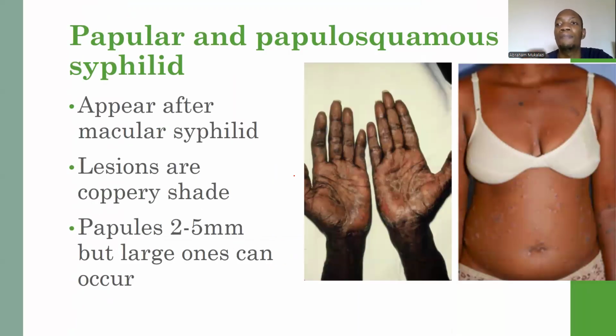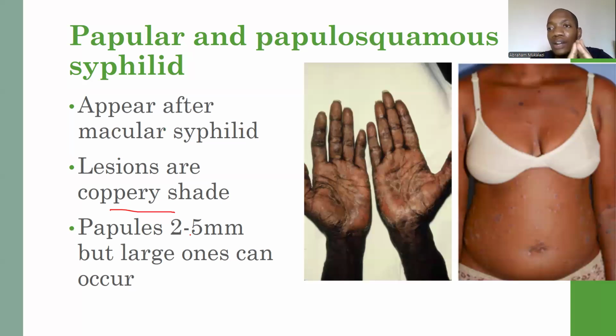Then we have the papular type of syphilis, or the papulosquamous types. So these ones can appear after the macular syphilis, and lesions are usually coppery red. So coppery red, they are well demarcated, like copper coins, and they can range between 2 to 5 millimeters in diameter, but you can even have very big plaques, but they usually affect the palms and soles.